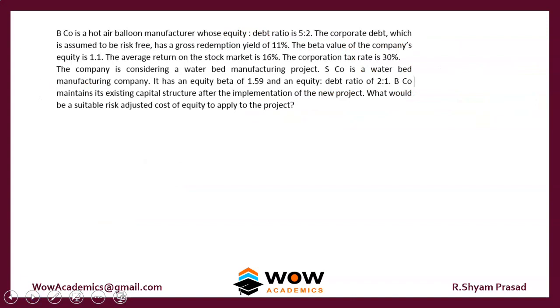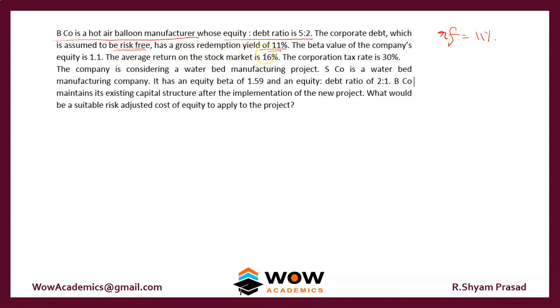So we'll start from here. BCO is a hot air balloon manufacturer whose equity to debt ratio is 5:2. The corporate debt, which is assumed to be risk free, has a gross redemption yield of 11%. So RF in this problem is 11%. That's why it says risk free.